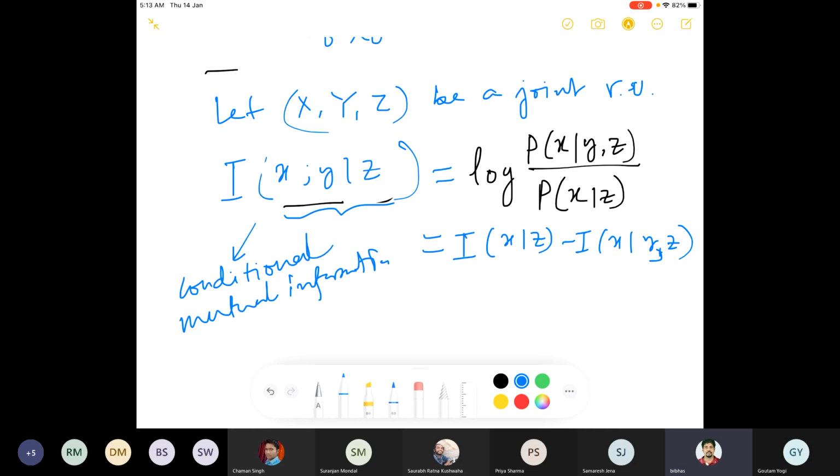You just use the definition here, calculate it, and you'll see that you get this back. But now in this expression you have some meaning. The mutual information between X and Y given Z is equal to the self information of X given Z minus the self information of X given Y and Z.